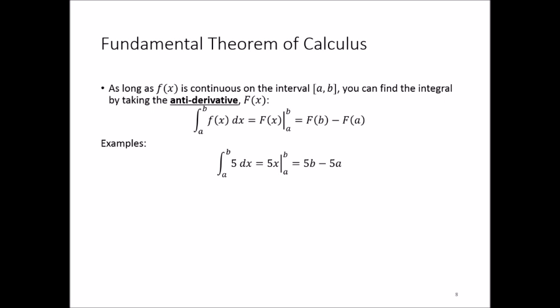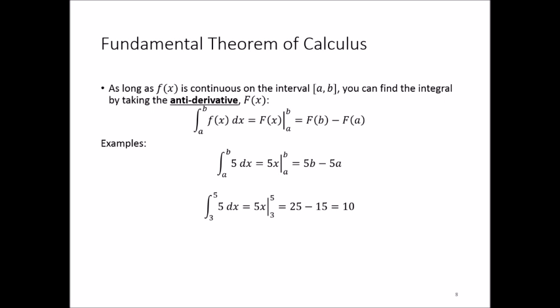If I take the limits of integration to be 3 and 5 again, I'm going to plug 5 in for the first limit. I get 5 times 5 is 25. And subtract from that 3 plugged into the antiderivative, so that I get 3 times 5 is 15, so that I get 25 minus 15 equals 10.